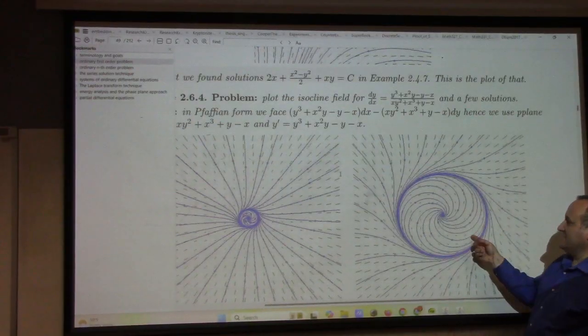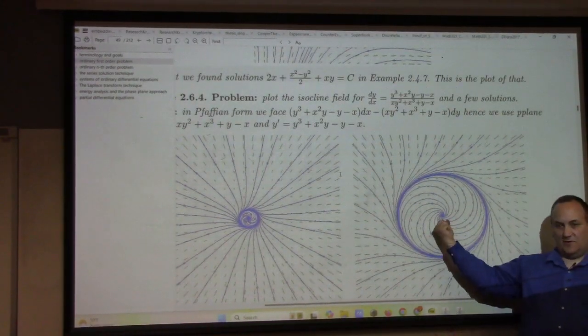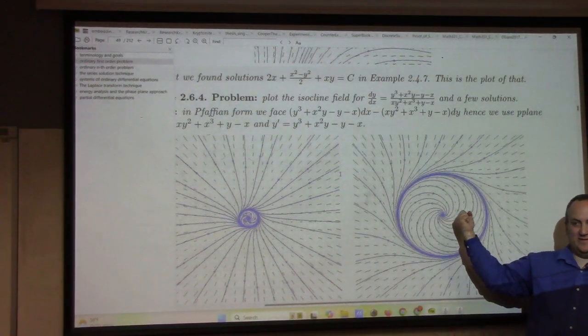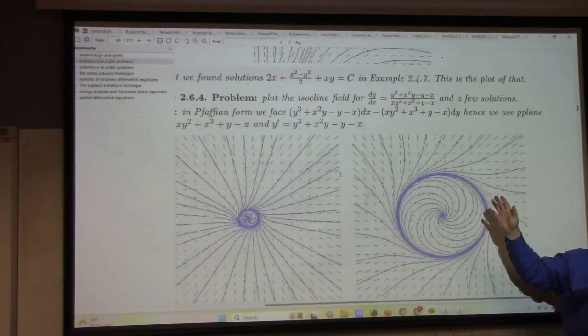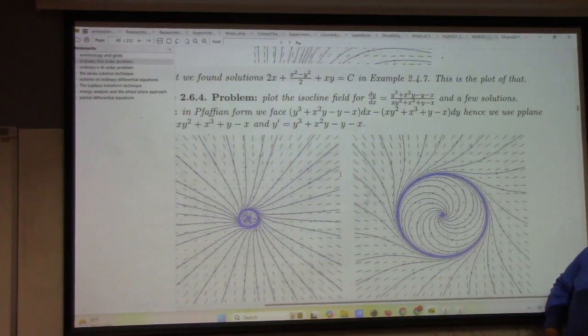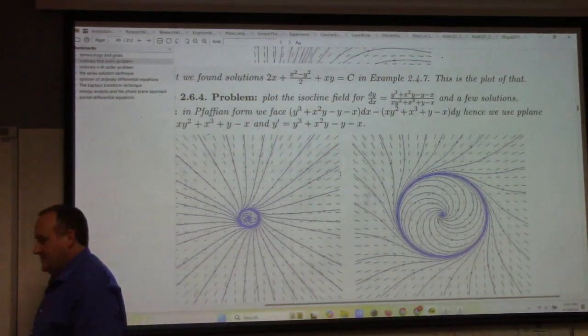And solutions that start inside the unit circle spiral into the origin. And solutions that start outside of the unit circle spiral into the unit circle. But I know to me, this is probably the coolest first order differential equation that I have. I really like this one.